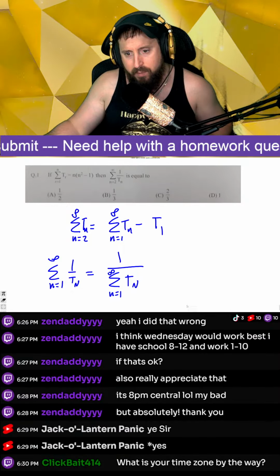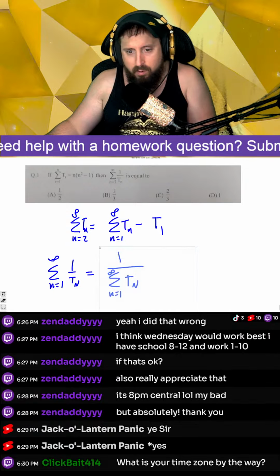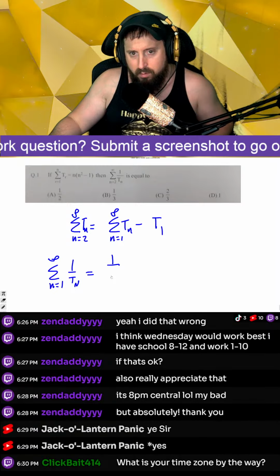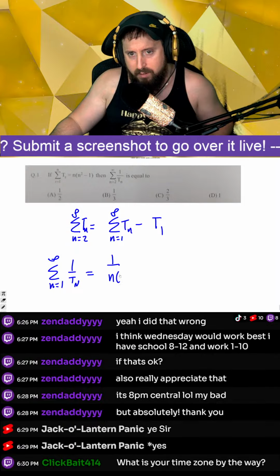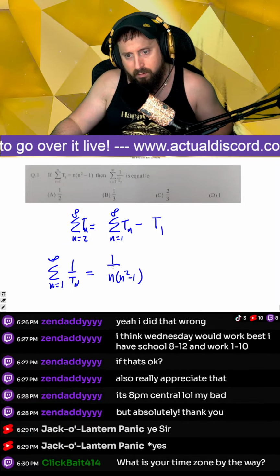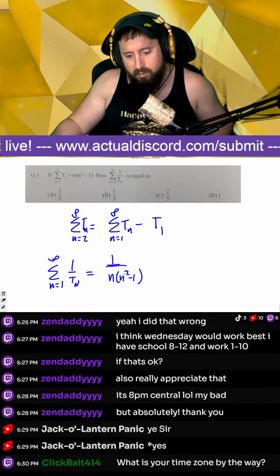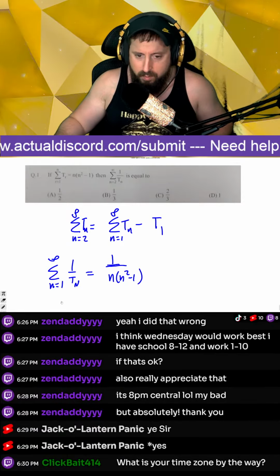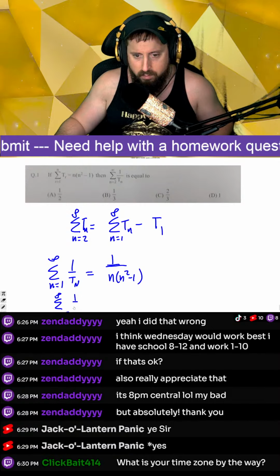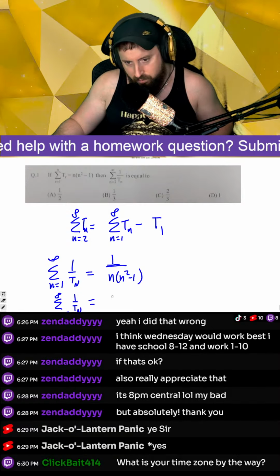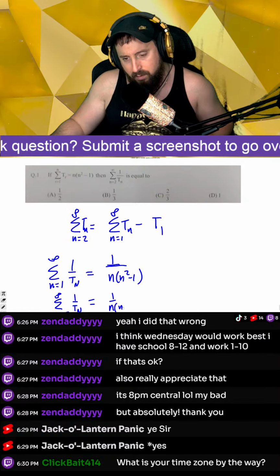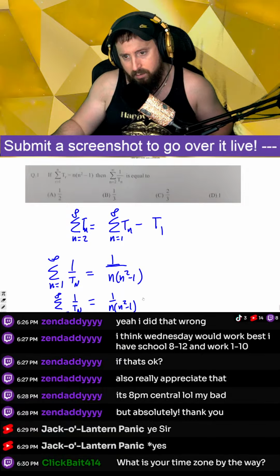Okay. Oh, I think I got this then. So, this is equal to 1 over n squared minus 1, right? And then if it starts from n equals 2 to infinity, that's equal to 1 over n squared minus 1.